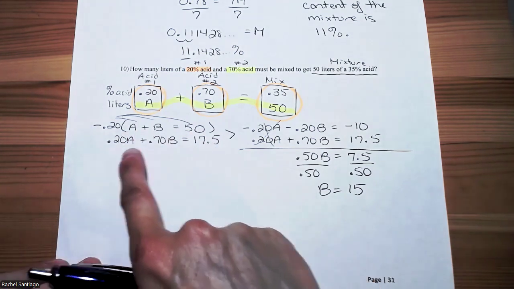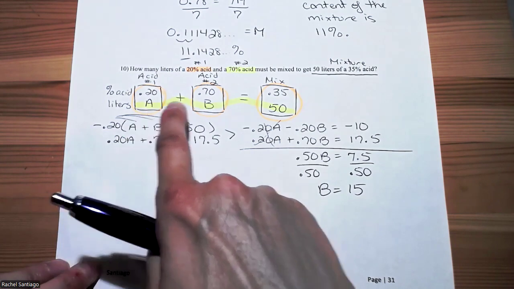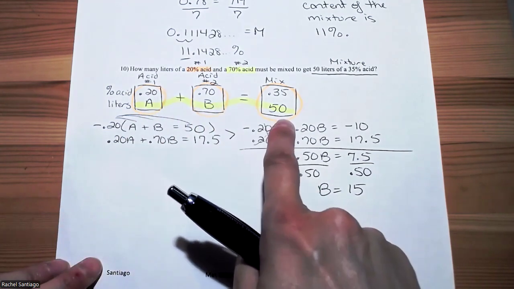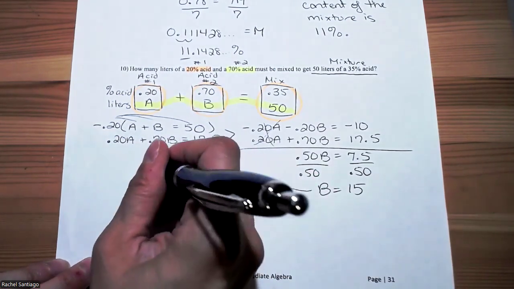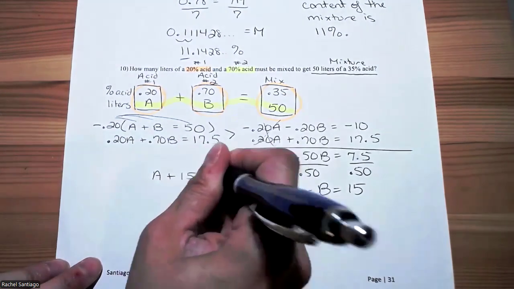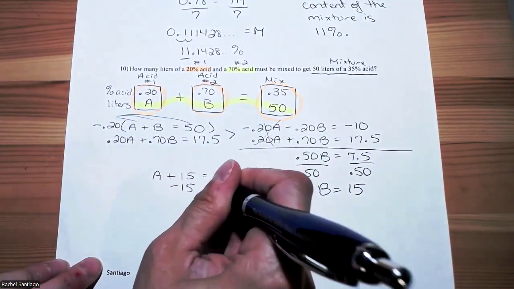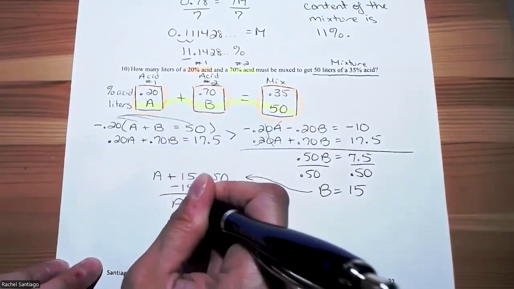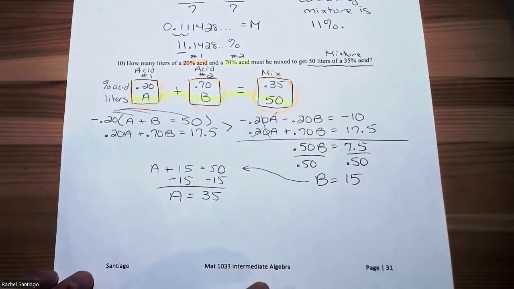I still need to find A. I have two equations, so I'd actually prefer to use the first one, right? And that is that the sum of these liters is 50 liters. So let's plug B into the first equation. So we have A plus B, which is 15, is equal to 50. And now all I have to do is subtract 15. Once I subtract 15, I find that A is equal to 35. And now I can answer my word problem.